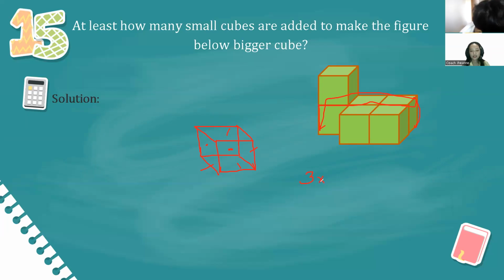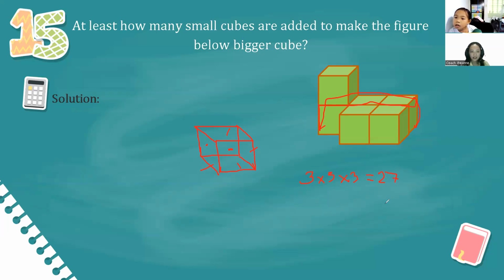To solve for a cube, we simply multiply the side 3 times. So 3 times 3 times 3 is equal to 27.